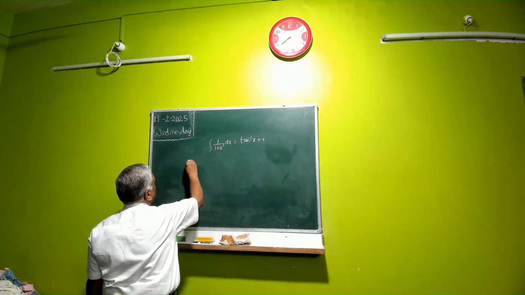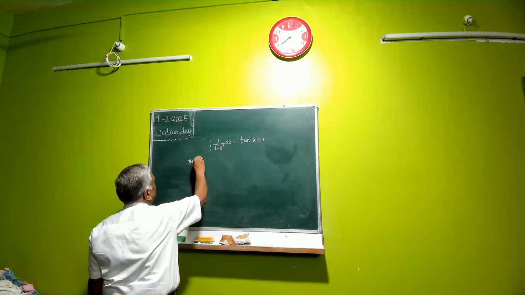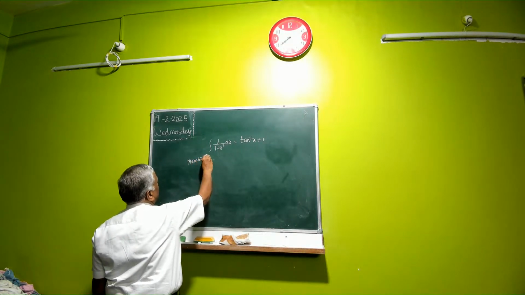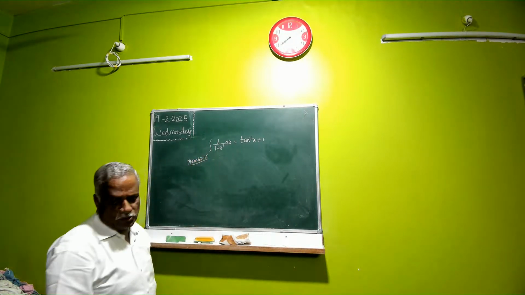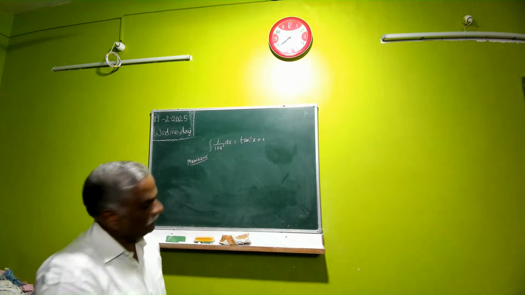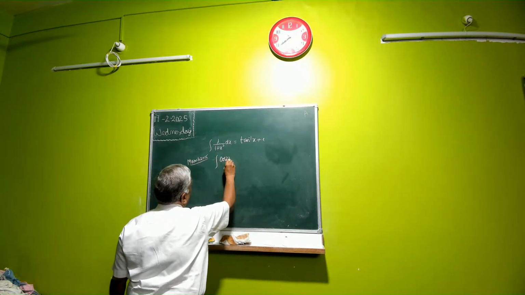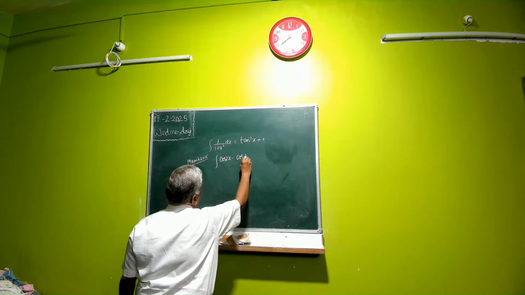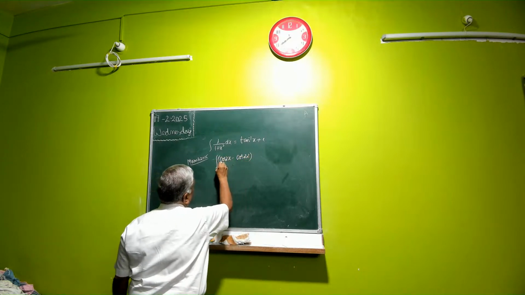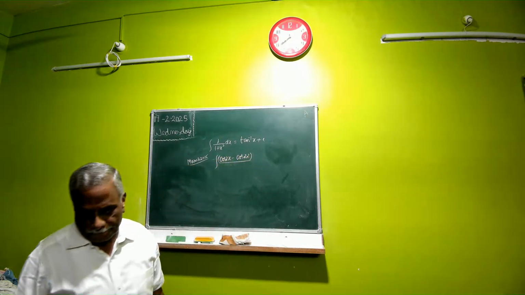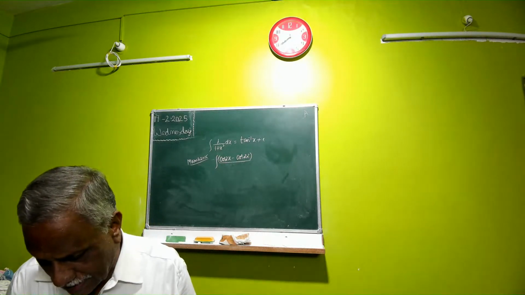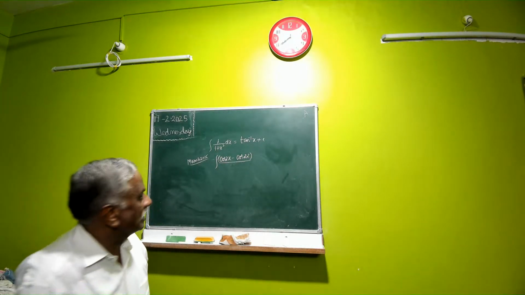That is a March 2015 problem. Of course, this problem is there in your NCERT textbook: integral of cos 2x minus cos 2 alpha divided by cos x minus cos alpha.